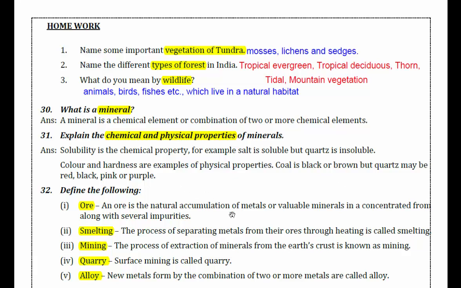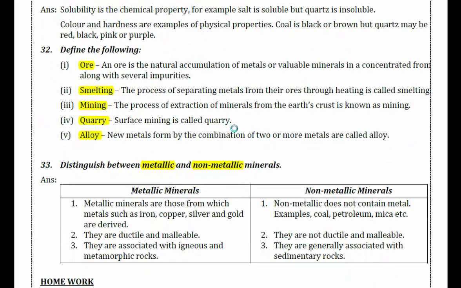Let's define some of the important terms. Ore. An ore is the natural accumulation of metals or valuable minerals in a concentrated form along with several impurities.